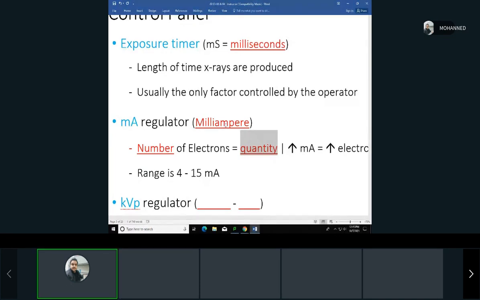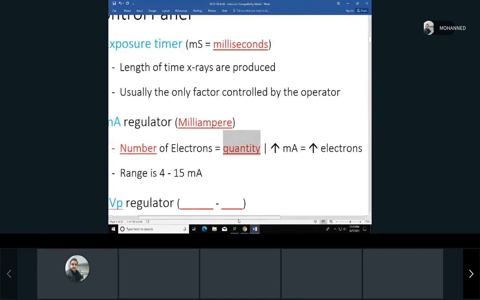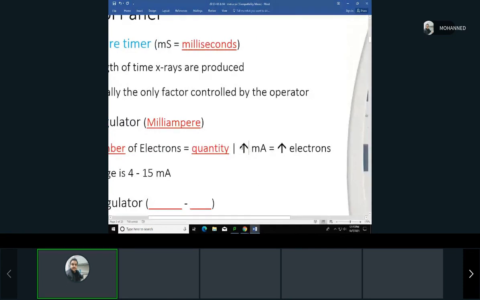So one thing to control on our control panel is the number of these electrons. But again, as I said, a lot of times our machines come with a specific number that is preset for our machine that we do not really control. If you increase the milliamperage, you're going to increase the electrons.